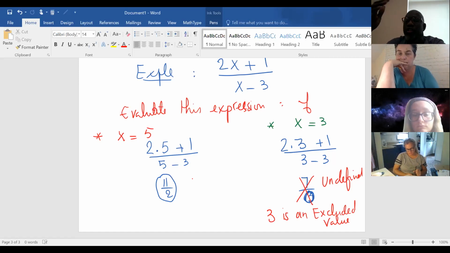So 3 is an excluded value. What do we call an excluded value?